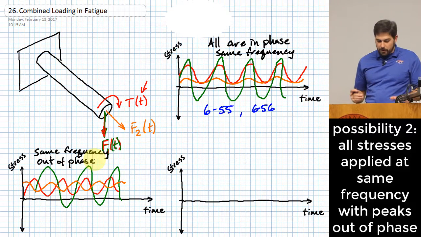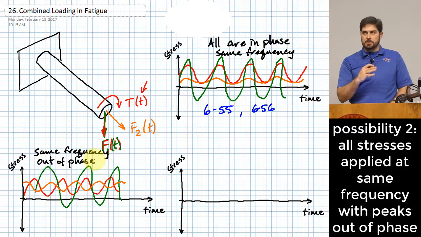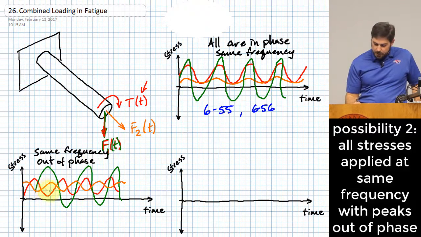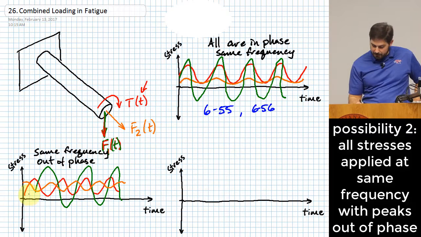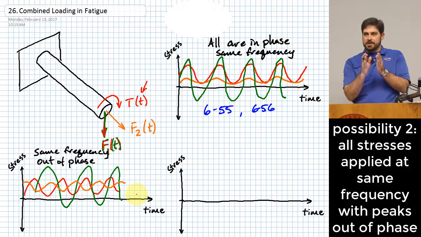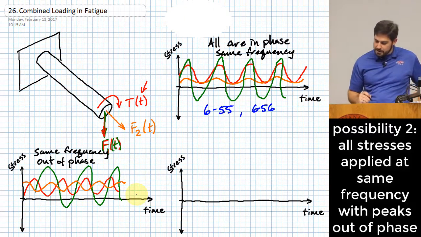And so what they recommend, they actually give a strategy to approach that in the textbook. They basically say what you should do is go ahead and combine all of these stress waves together as a function of time, right? You actually combine these things together using von Mises calculation, right? Which isn't actually that hard to do for a situation like this.